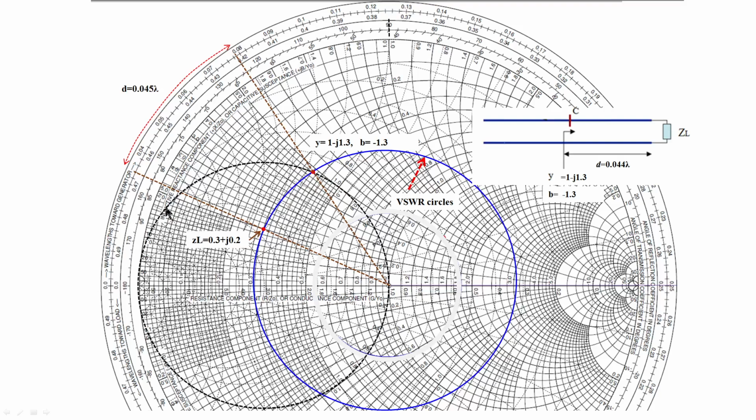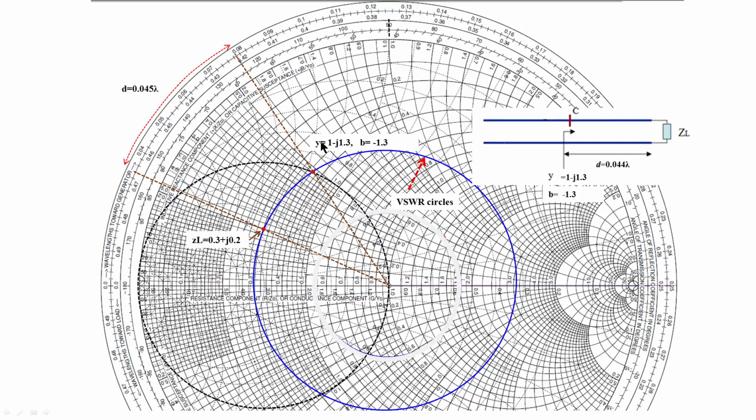Okay, you stop here. Earlier the load was here, we moved like this, and this is the G is equal to 1 circle. You stop here. Note down the admittance here.